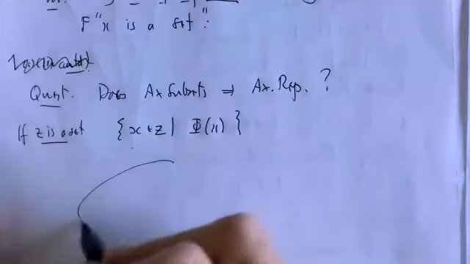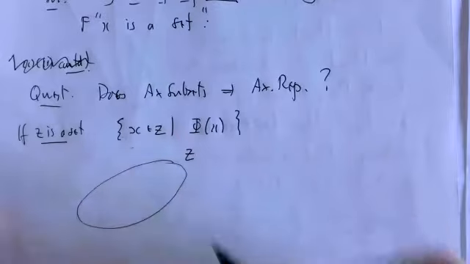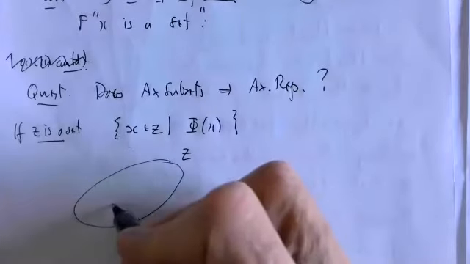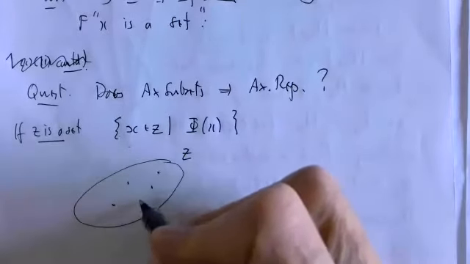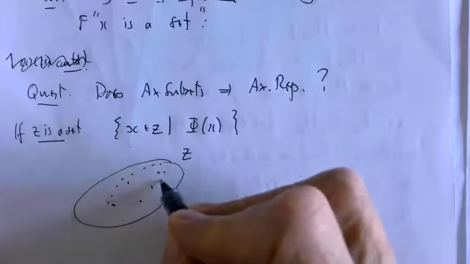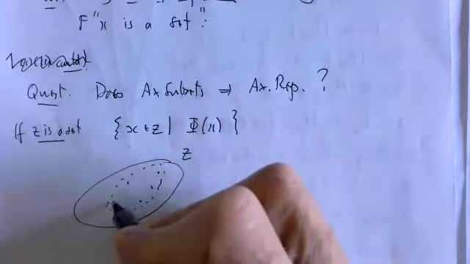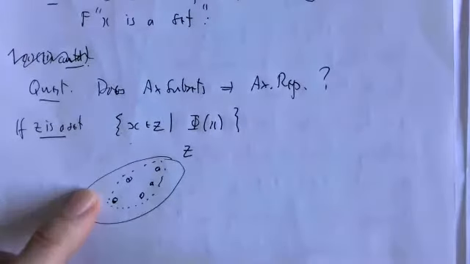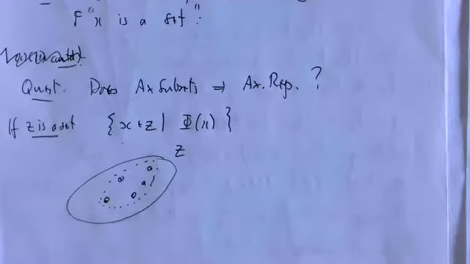So here would be Z. And what the axiom of subsets does is pick out those elements of Z which have property phi, and leaves aside those that don't.